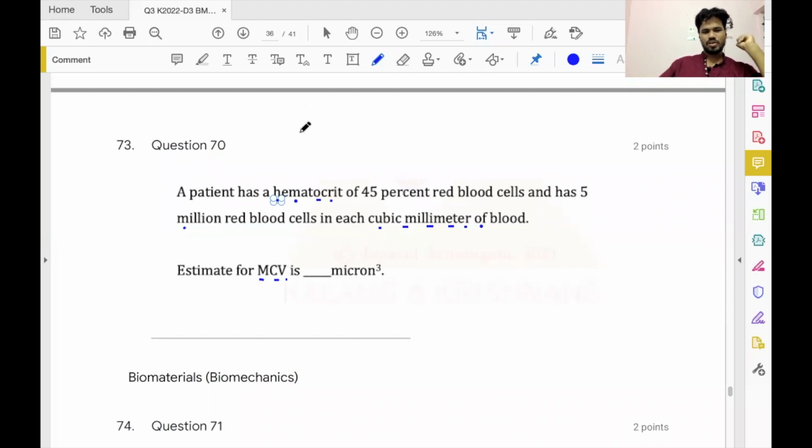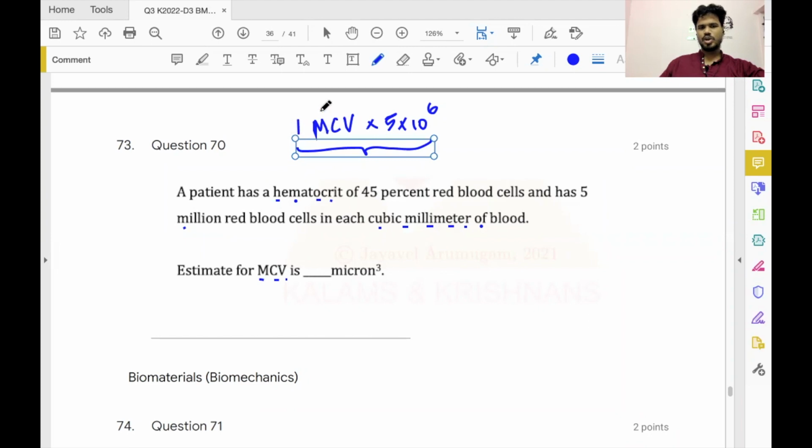You take 1 RBC, the volume of that. So 1 MCV into, you multiply the number of RBCs in 1 cubic millimeter. So that is 5 into 10 power 6. Million is 10 power 6, right? What should we get here?